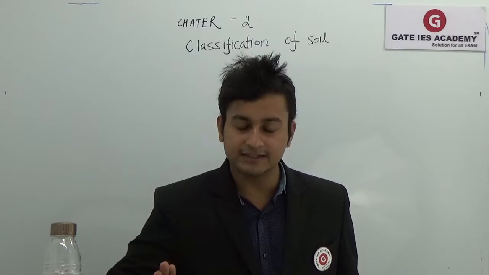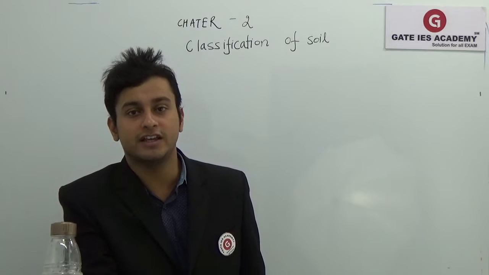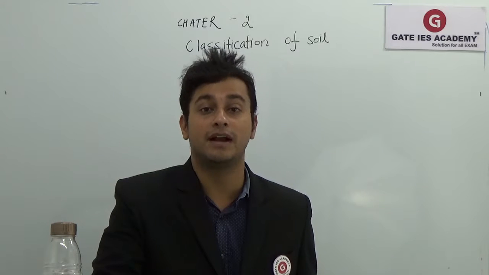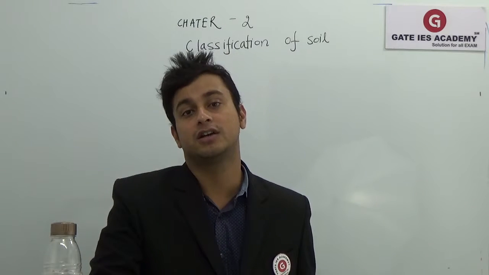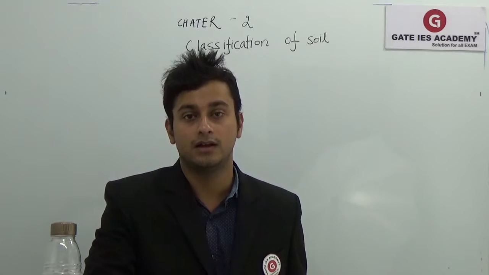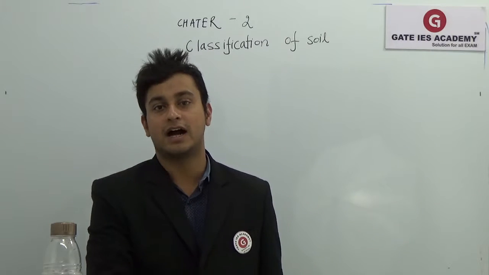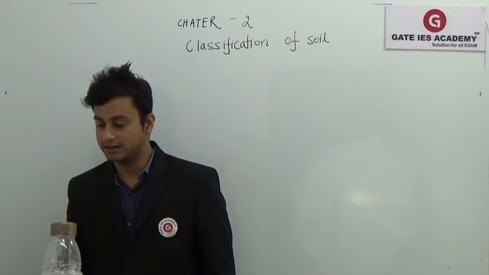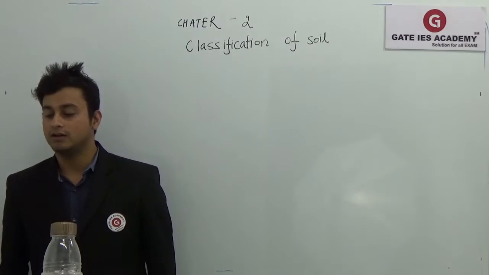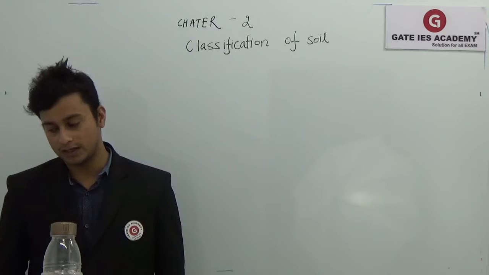Now, if we are classifying a coarse-grained soil, that will be dependent mostly on the grain size of the particle. So the size of the particles is very much required when you are classifying a coarse-grained soil. Okay, so let's start the classification of soil, and we'll be starting with gravel. Before that, write down: classification of soil is done on the basis of index properties of soil.